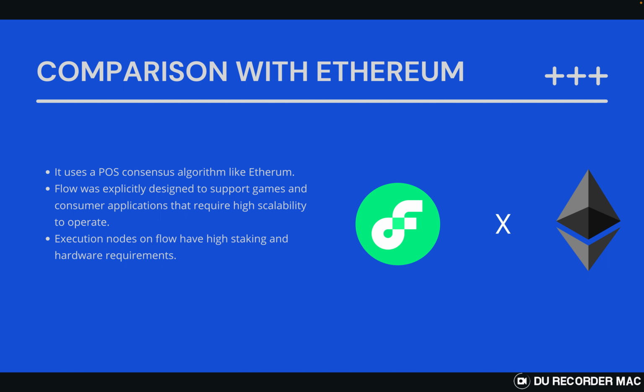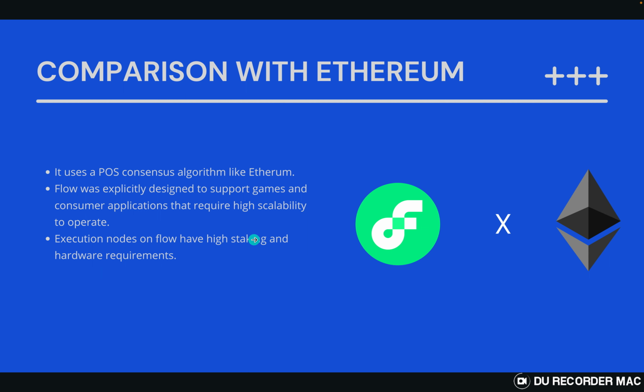Although you can operate it in Nigeria, some people say they're able to operate nodes in Nigeria right here. I don't know how they do it with our light situation, but yeah. So for this kind of node, you have to have high staking and hardware requirements.